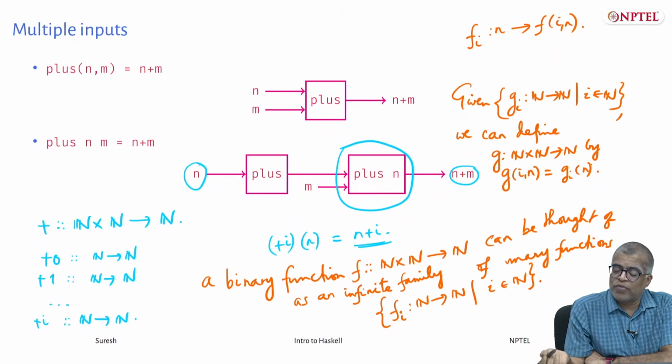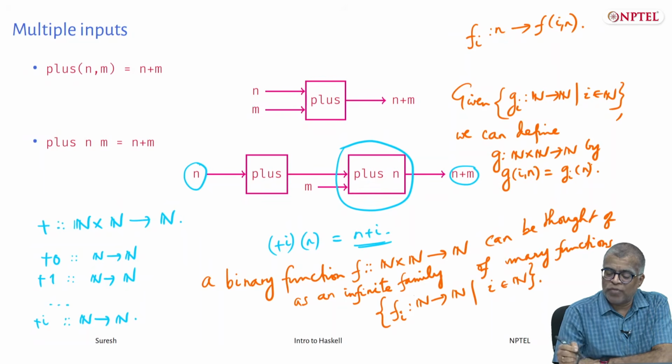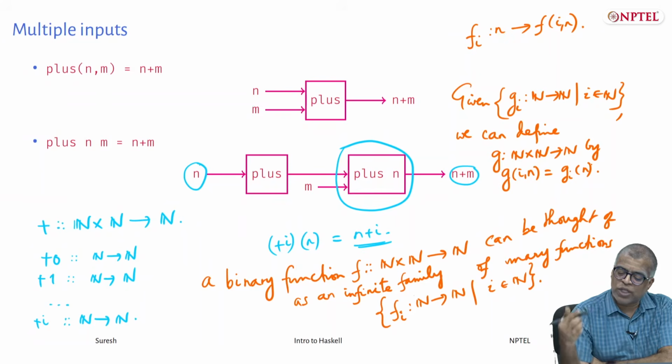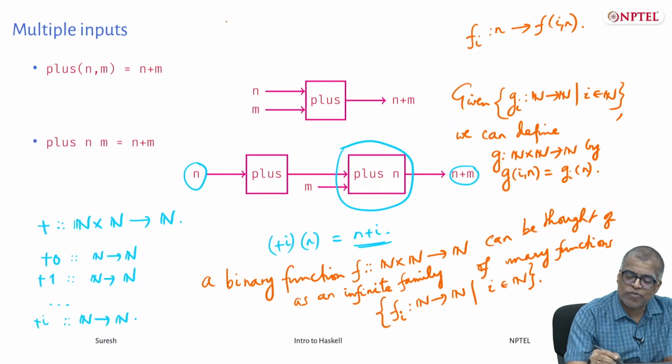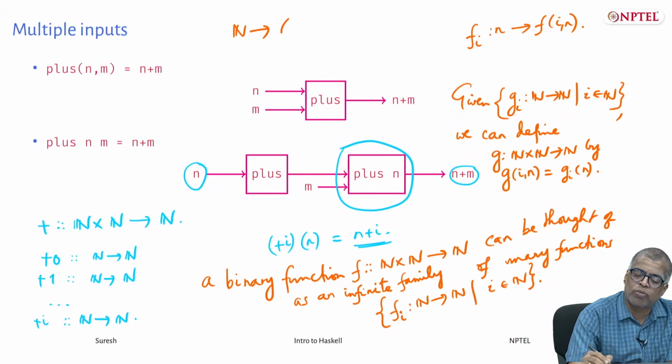But what is a family of unary functions? A family of unary functions is nothing but a function that associates one function to every natural number, or in other words, it is a function from n to n to n.